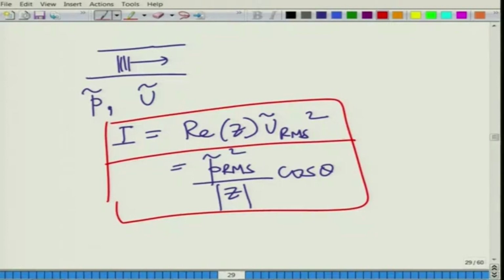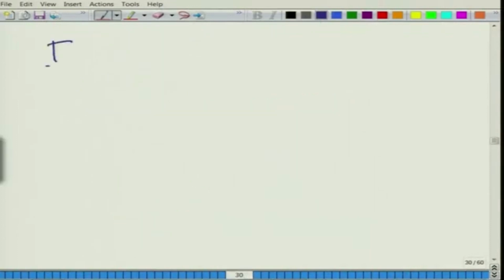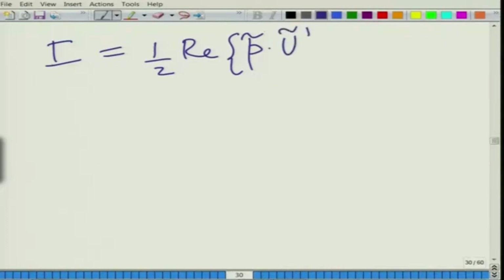An equally important representation, from which we can derive a lot of expressions, is I equal to half into the real part of the acoustic pressure P tilde times U tilde star. Here U tilde is the acoustic particle velocity, not the volume velocity, not the mass velocity.